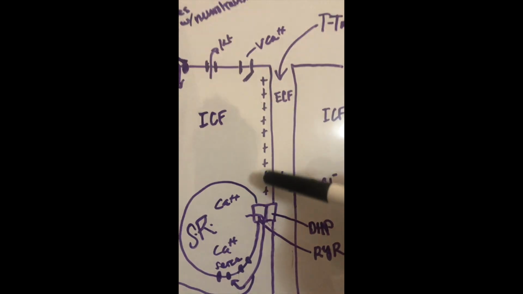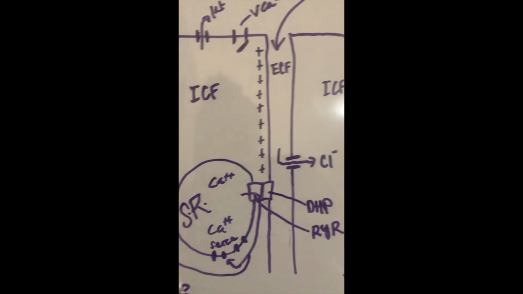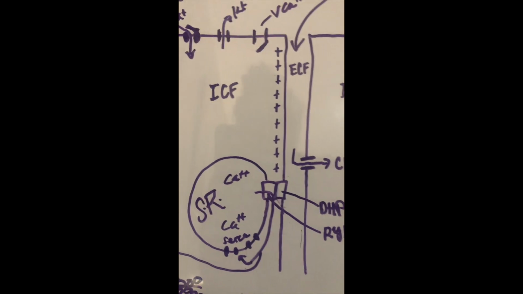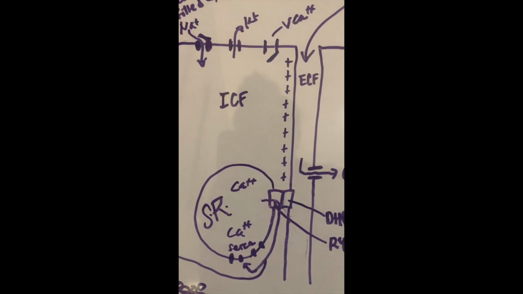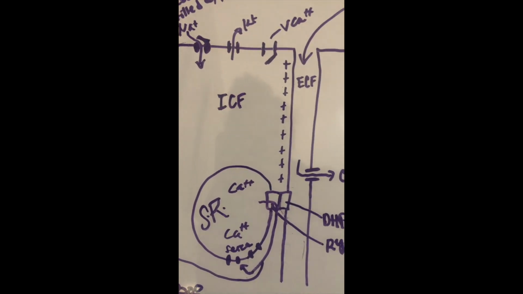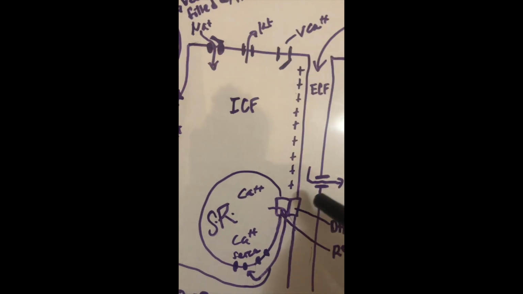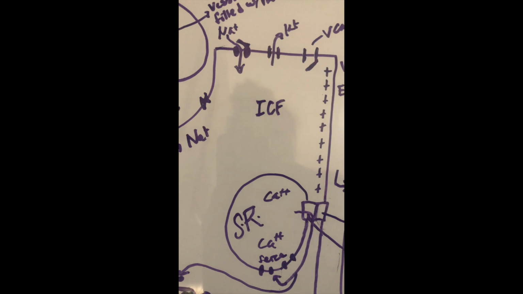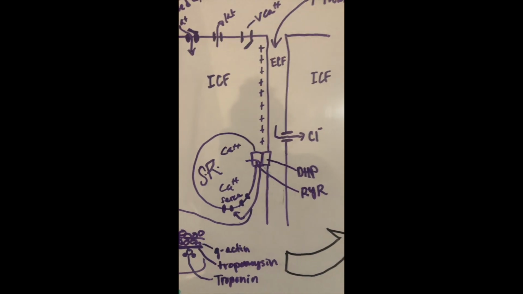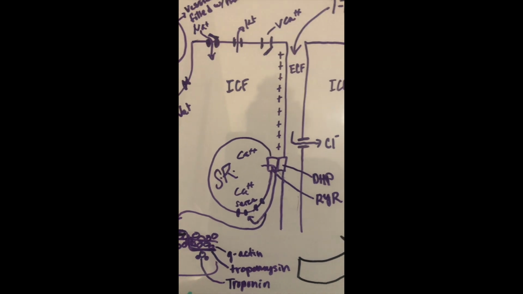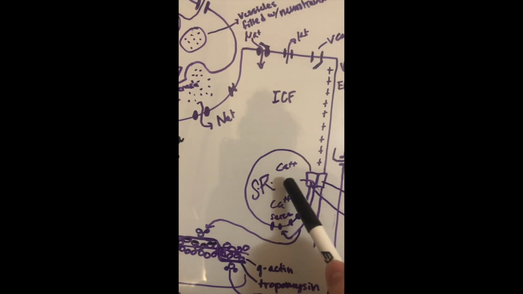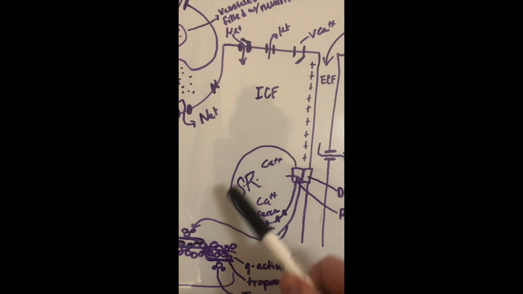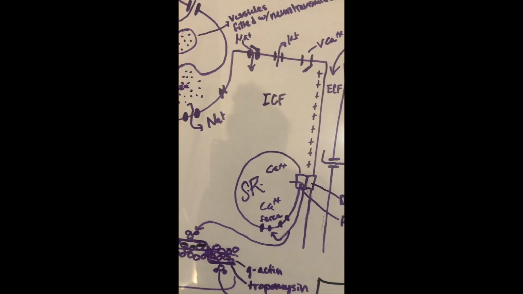So these positives then come down and they start pushing on what's called our DHP. Our DHP is a voltage-gated channel, and when that happens, it causes a conformational shift, which then activates our ryanodine receptor right here. And this ryanodine receptor opens and allows calcium from the SR to be released.